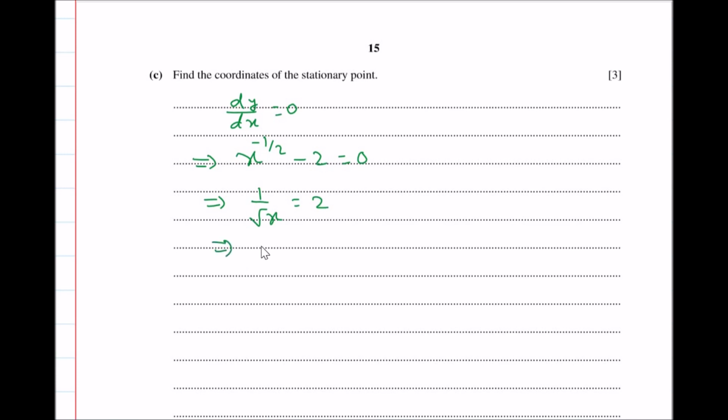Now if you square both sides, we get 1 by x equal to 4. Why square? Because we have a square root sign, so we need to get rid of the square root. So x equal to 1 by 4.